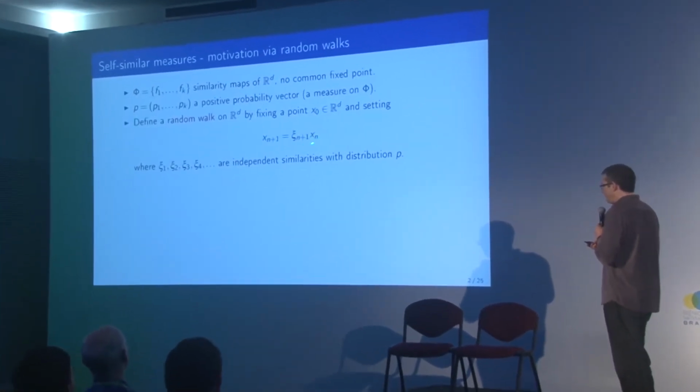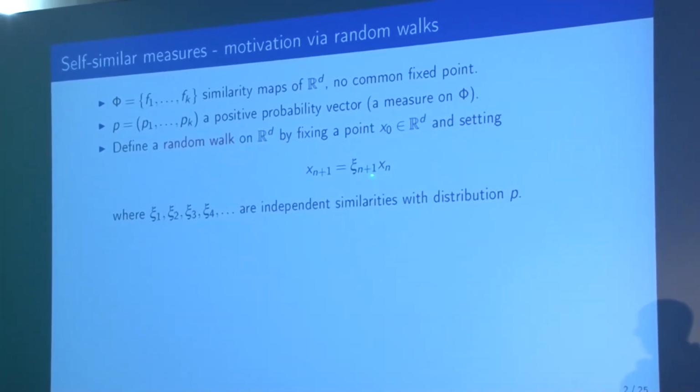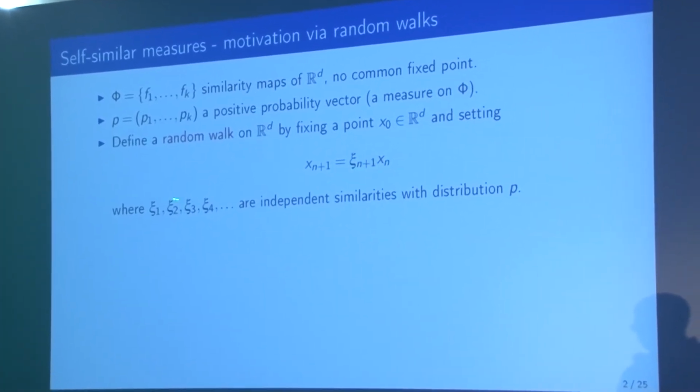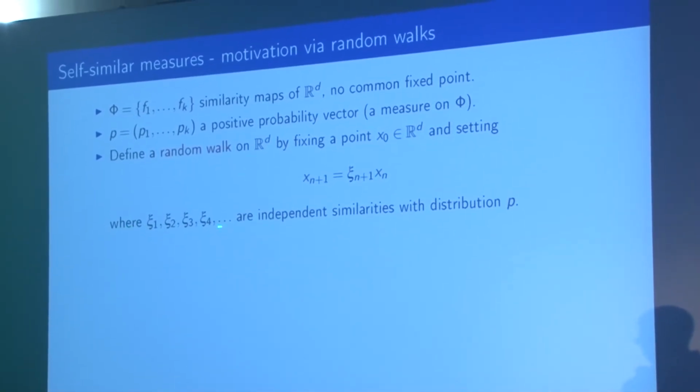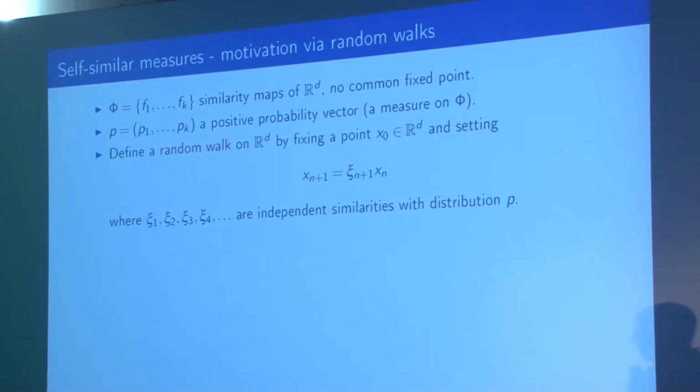To go from x_n to x_{n+1}, you choose a random map, f_{i_{n+1}}, which is independent of all the previous ones, so you're actually choosing a sequence of these maps independently according to p, and you apply the map to x_n. So you start at x_0, you apply a random map, you get to x_1, you apply a random map, you get to x_2, and you're doing a random walk on R^d.